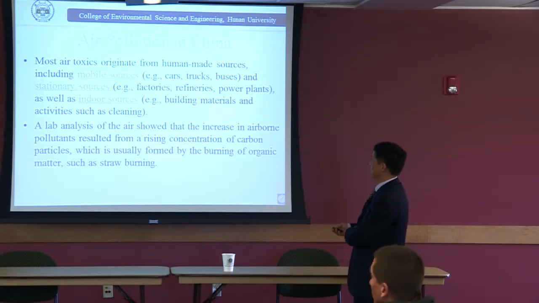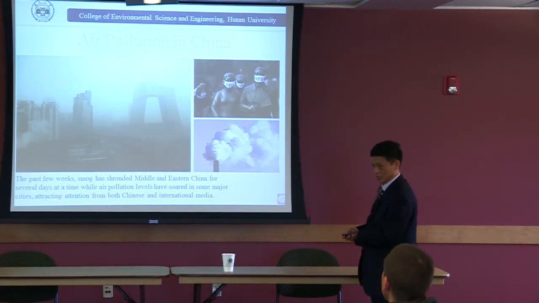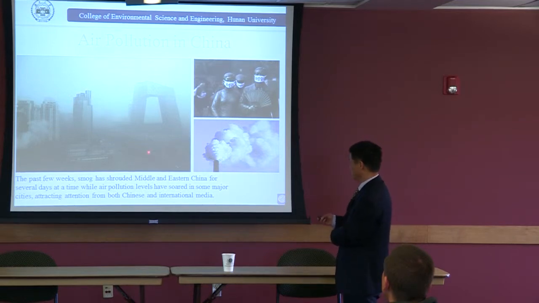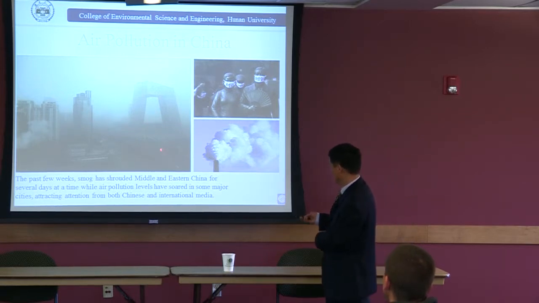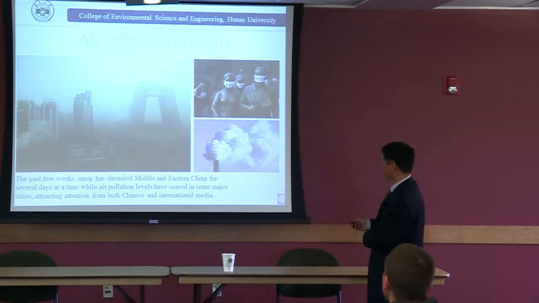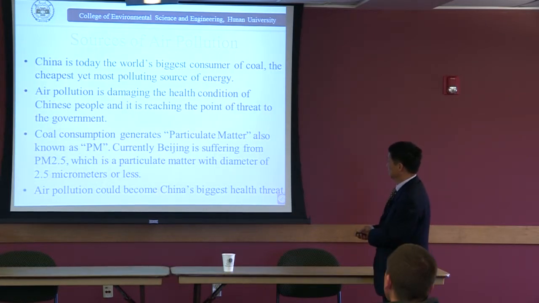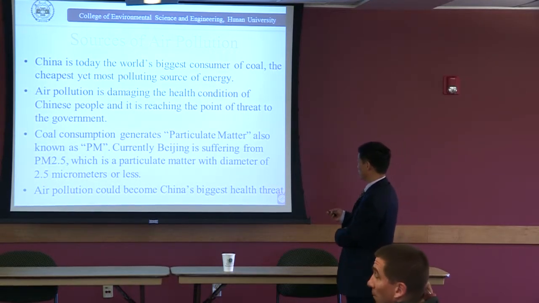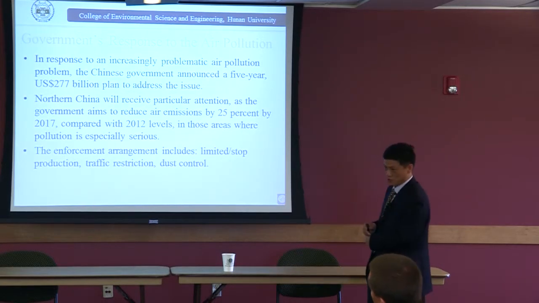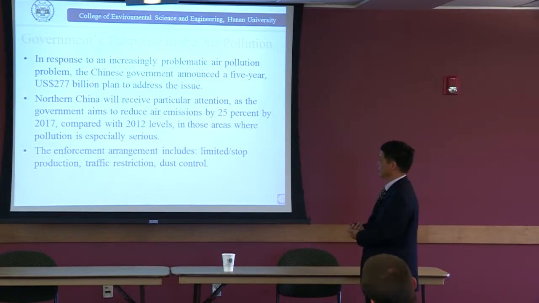So this is very general information that I show you. This is the smoke in Beijing. The source of the air pollution in China is that they use a lot of petrol oil, so that is one of the problems.